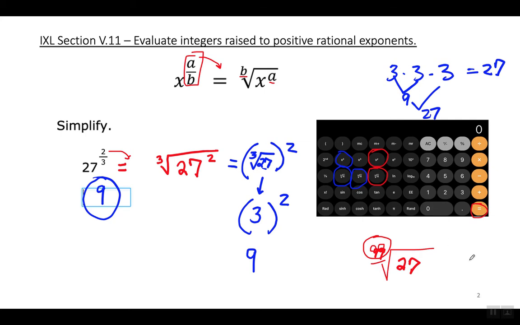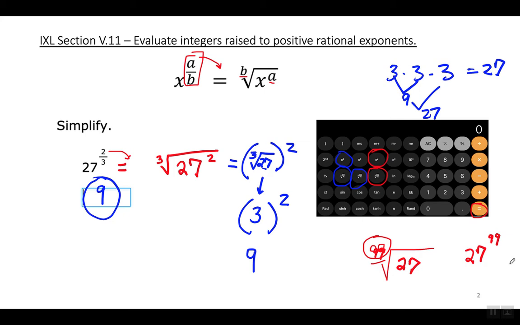So, for example, let's say I wanted to do 27 to the 99th power. Instead of doing 27 times 27 times 27, a total of 99 times, which would be idiotic, you would do 27, then you just hit this button, then you enter 99, equals, and that would give you the answer of 27 to the 99th power.